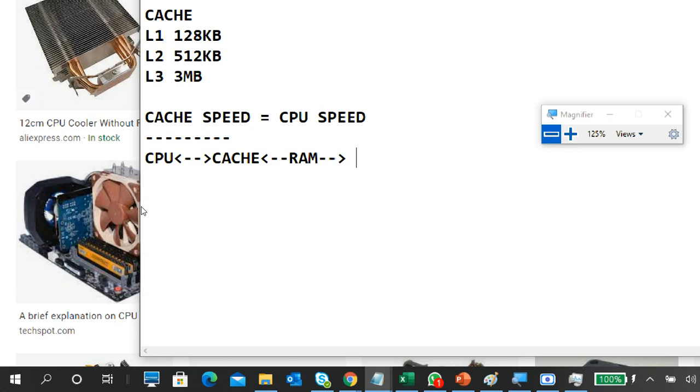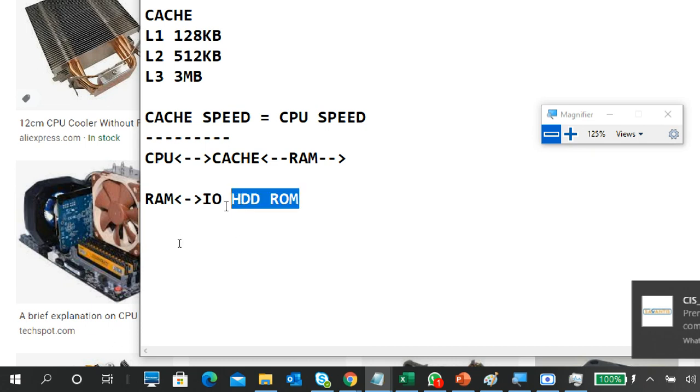Of course, after this, other devices, meaning IO. RAM communicates to and fro with other devices. It's a two-way communication: IO devices, input output devices, memory devices like a hard disk, BIOS chip meaning ROM or BIOS chip. So these are devices communicating with other devices.